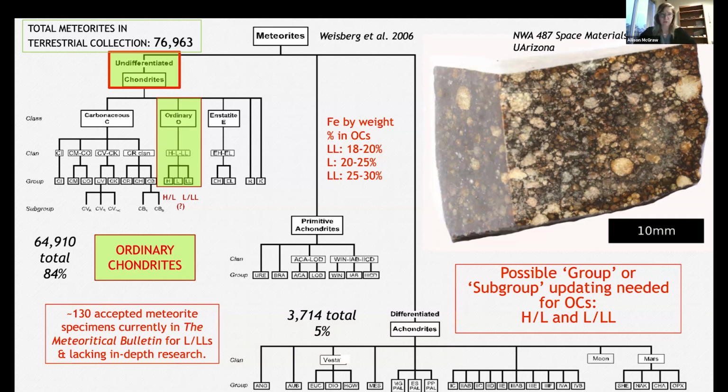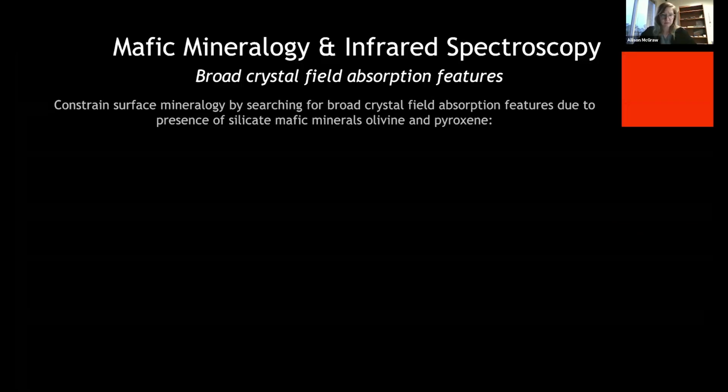Similarly, there is a category for the H/Ls, but for this component of the project today, I want to focus on these triple Ls, which I have a triple L shown here in the top right of the figure. And additionally, many LLs or Ls are being recategorized. For instance, one famous meteorite is the Holbrook meteorite, which hit in northern Arizona, and it's now a triple L as well.